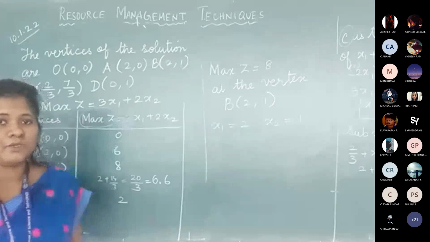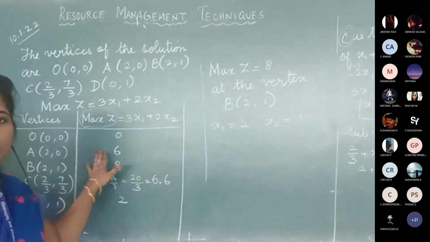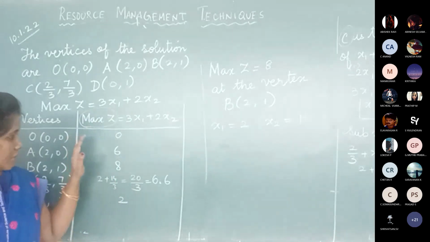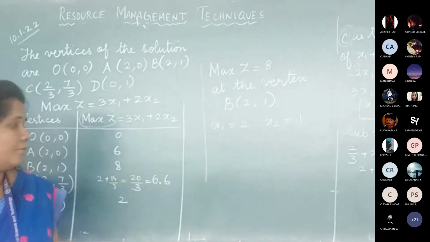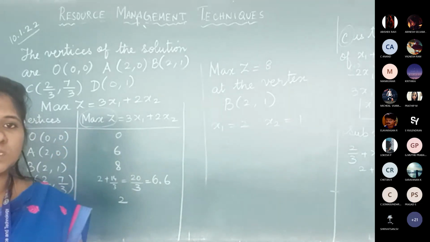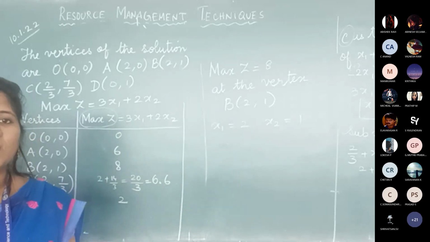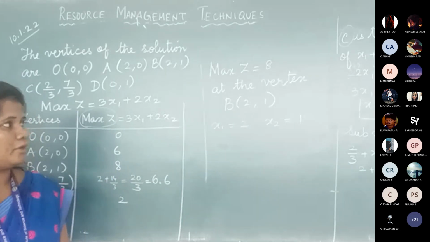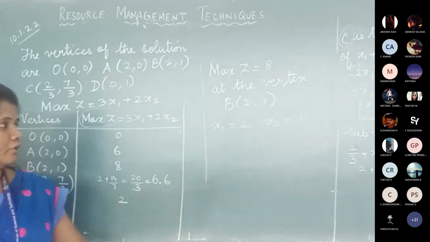Did you understand how you're finding out your maximum value? For all the vertices, you'll find the value. As soon as you find all the values, you have to see whichever is your maximum value, that will become your max Z. If it was min Z, whichever has got your minimum value, that will become the min Z. You'll have to write at what point or at which vertex, and conclude.